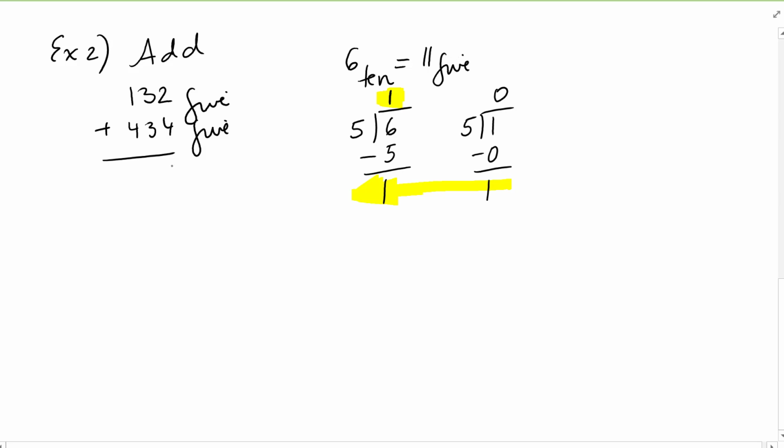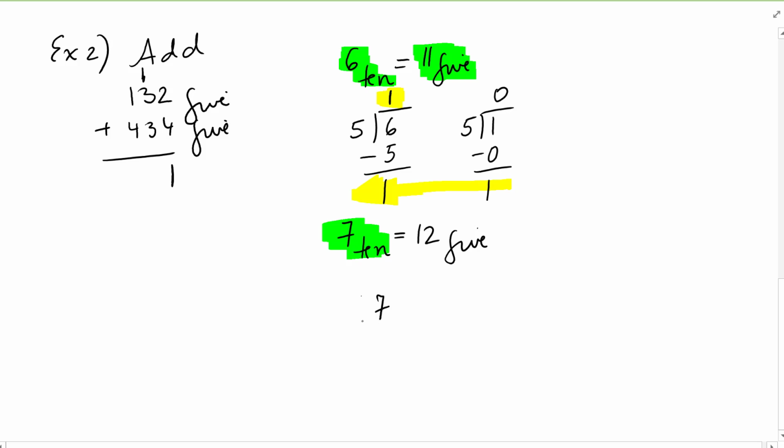So we put 1 here and we move over 1. 1 plus 3 is 4, plus 3 is 7. So now 7 in base 10 is what in base 5? Well, if we think about it, if 6 in base 10 was 11 in base 5, 7 in base 10 is going to be 1, 2 in base 5. But let me double check that.